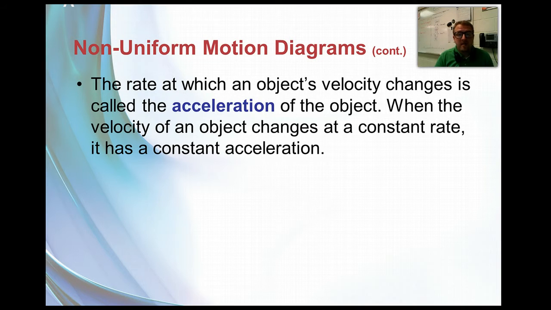When we say that an object's velocity is changing at a constant rate, so going from 1 meter per second to 2 meters per second to 3 meters per second, increasing each time by a meter per second, that would be a constant increase. Or we could say it's going from 5 meters per second to 4 meters per second to 3 meters per second to 2 meters per second to 1 meter per second, talking about decreasing at a constant rate. That would be called acceleration, where the velocity is changing at a constant rate per unit of time.